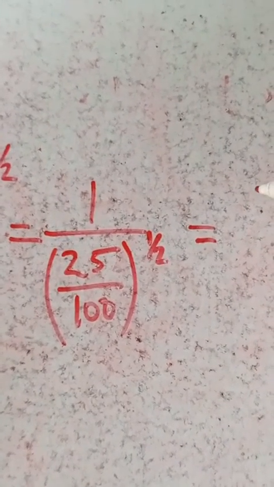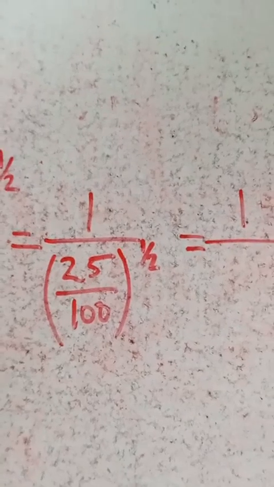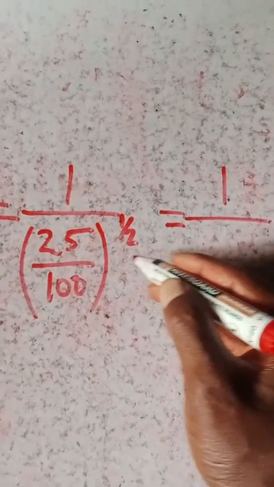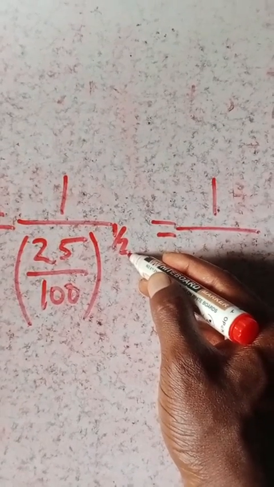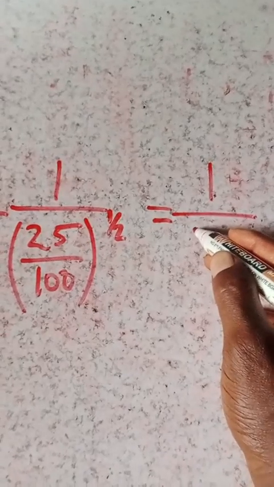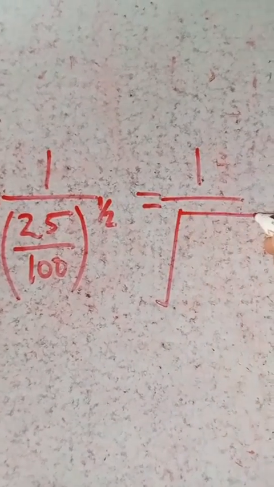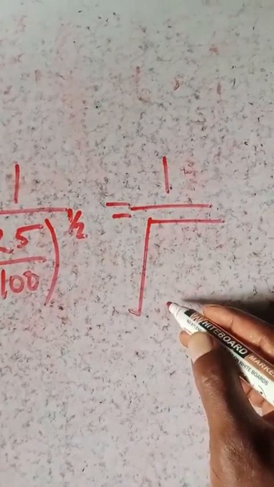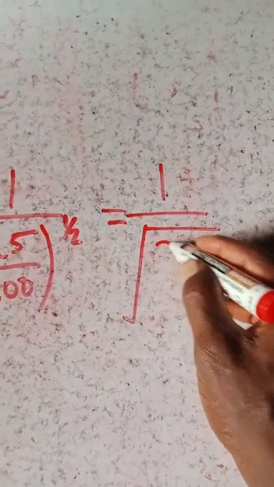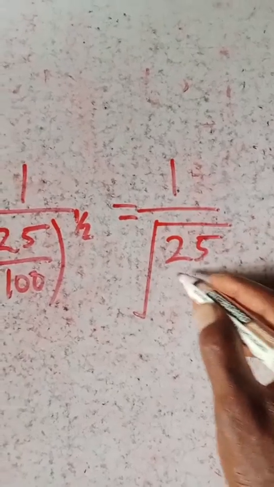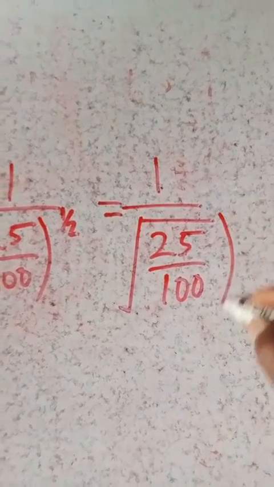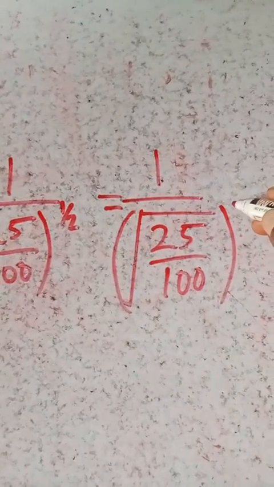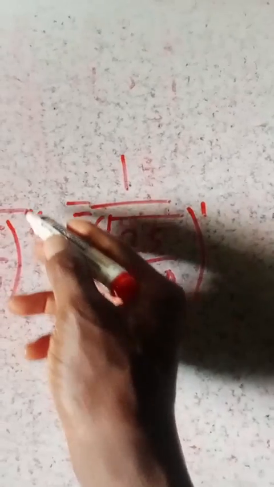We still maintain our 1 all over, and the denominator of the power, which is 2, forms the square root of 25 over 100. Are you getting it? Then we put a bracket and raise it to the power on top.